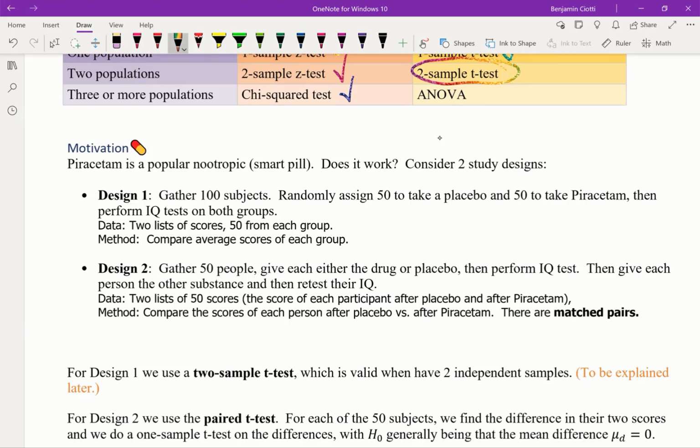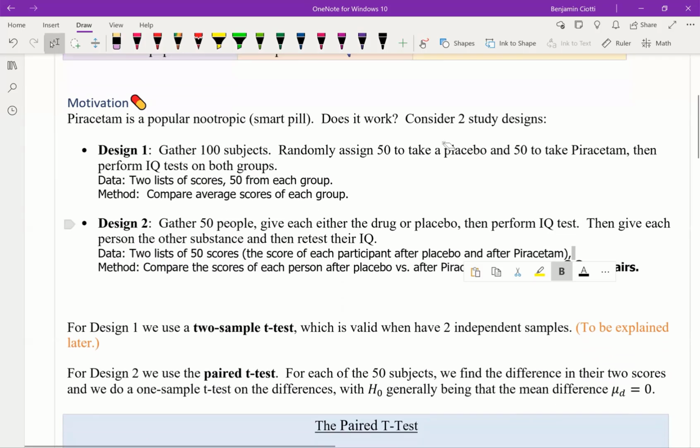So our method for this design will be to compare the scores of each person after they took placebo versus that person's score after they took piracetam, because in this case, it's possible to match the data into so-called matched pairs. There's a natural pairing between the two lists, namely the scores that came from the same person.